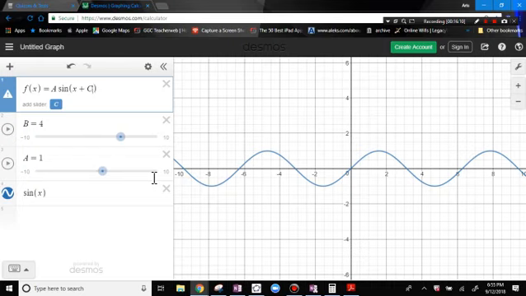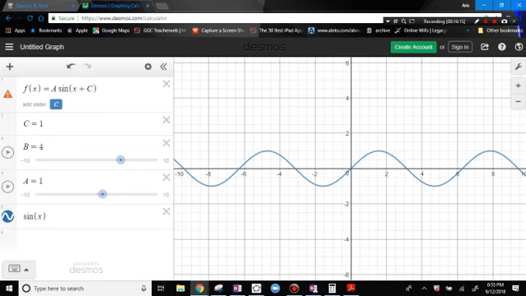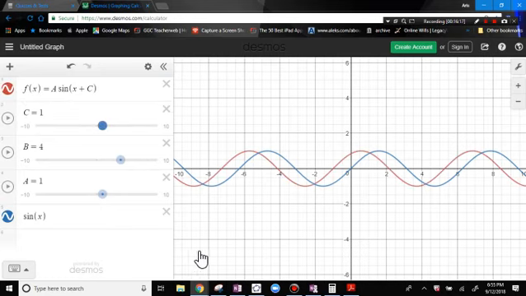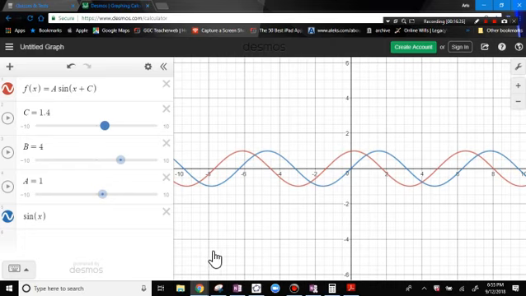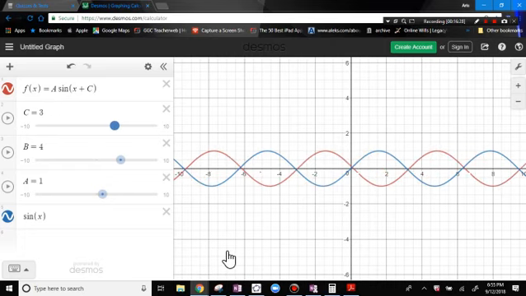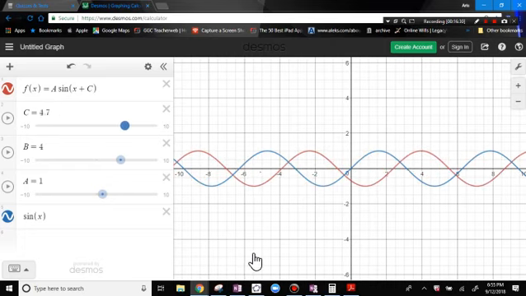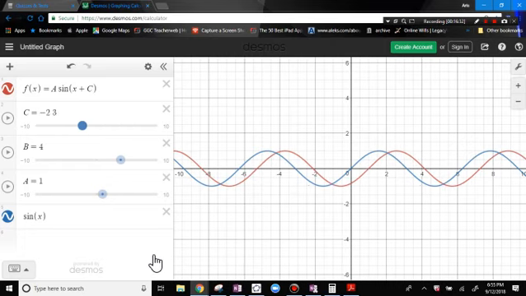So if C, let me slide C, if C now moves positive, well, let me take it back to 0 for the moment. So there's the original, right? And so now when I move C positive, it moves it C units to the left, right? Of course, if I move C negative, it moves it C units to the right. Okay?